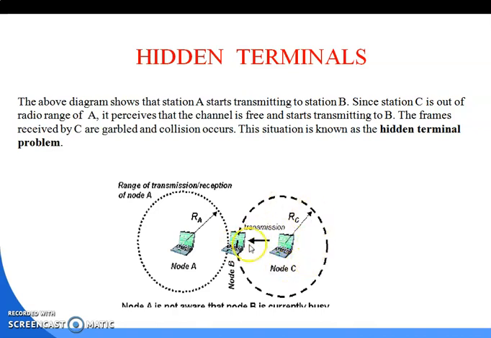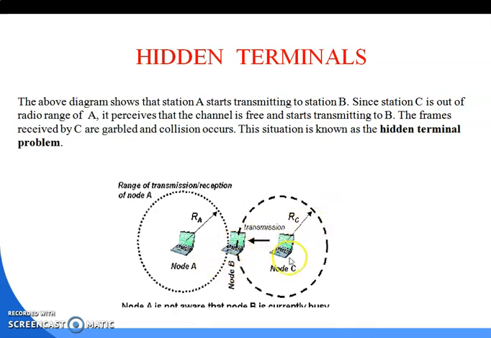C assumes that B is free, but at the same time A is transmitting the data. Due to this range problem, C is hidden from A, and A is hidden from C. So that is the hidden terminal. In the same way, C assumes that B is free and A assumes that B is free.